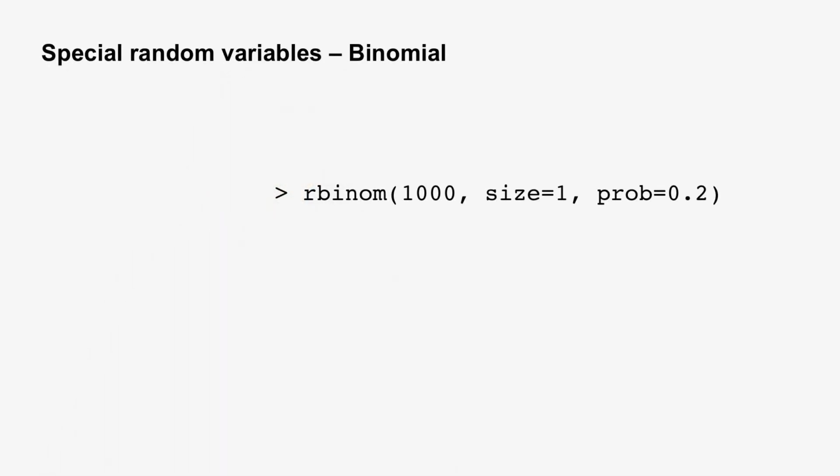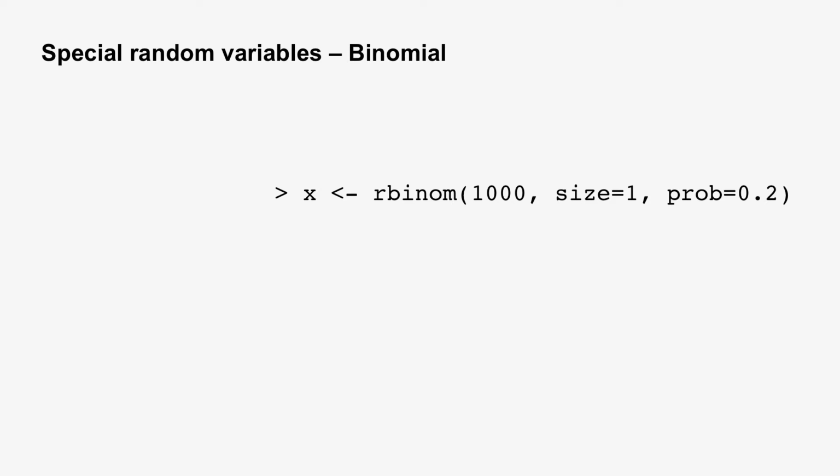So, once again, think of it as a coin toss, possibly with an unfair coin, but we do it many times. In RStudio, you simply use the same function, but you ask it to generate maybe 1,000 random variables with a probability of 0.2 of generating a value of 1 or success, as we also might call it.